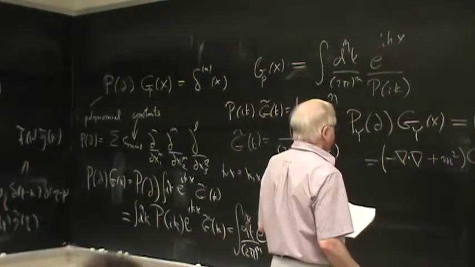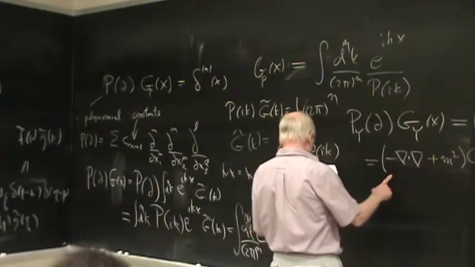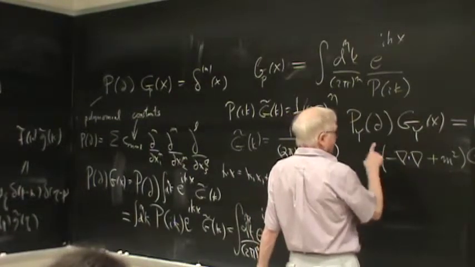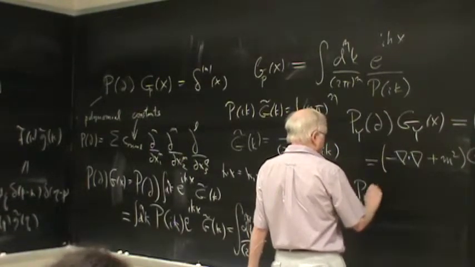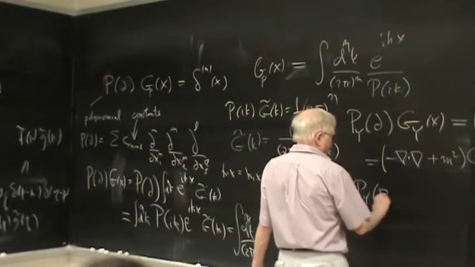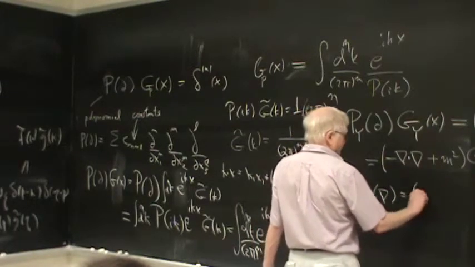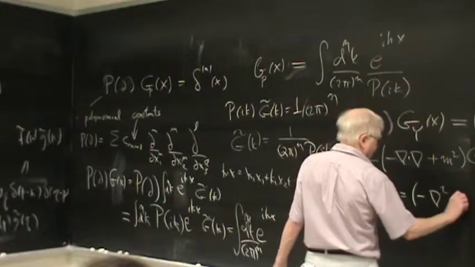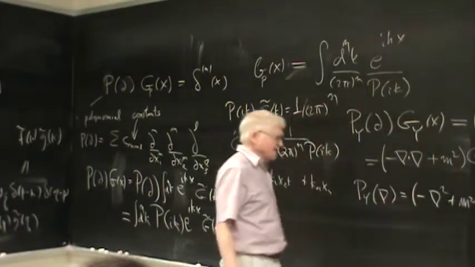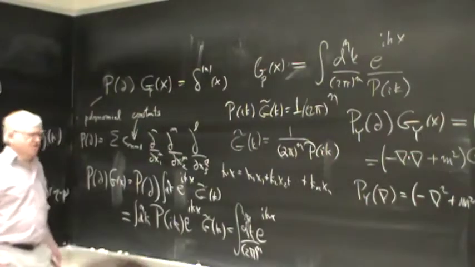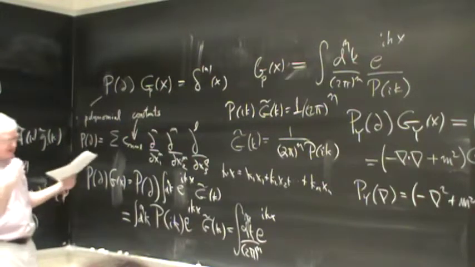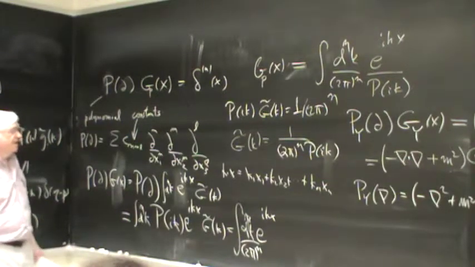But we can see then that this P is a P of grad, so P_Y of grad is simply minus grad squared plus m squared. So once again, it's differential partial derivatives with constant coefficients.